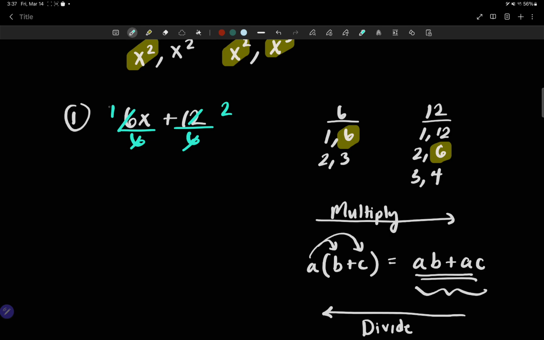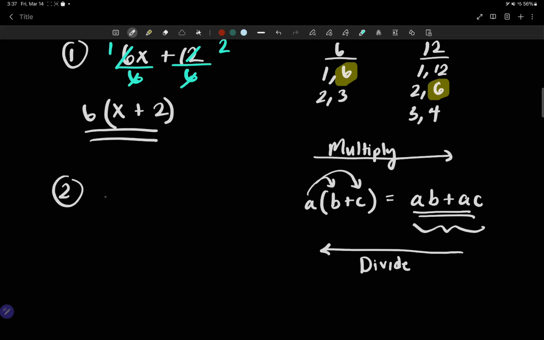So all that's left over is a 1 times x, so we're just going to write the x. And then we have the 2, and remember, we factored out a 6. So you can always check your work by starting with what you have and then using multiplication, using that distributive property, with both of the terms that you have inside that parentheses.